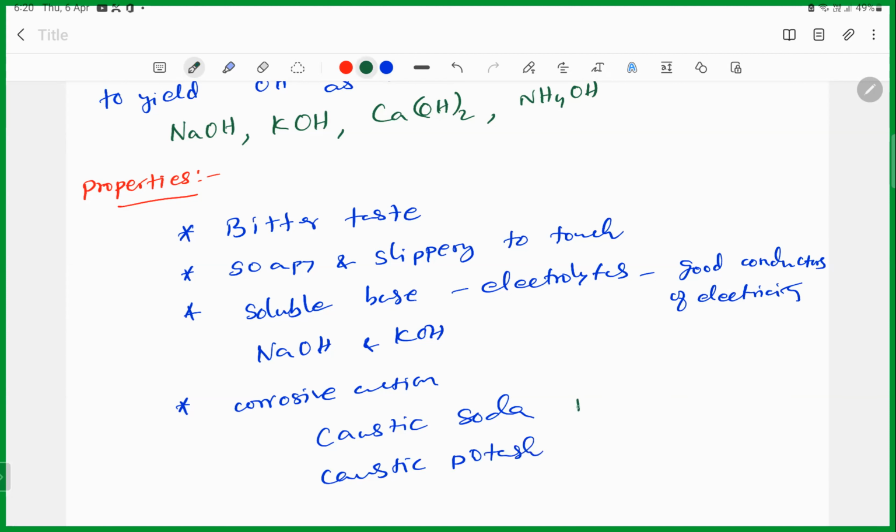Caustic soda means sodium hydroxide, caustic potash means potassium hydroxide. Organic tissues like skin get completely corroded by these two alkalis. Other alkalis are mildly corrosive. So it has a highly corrosive nature.